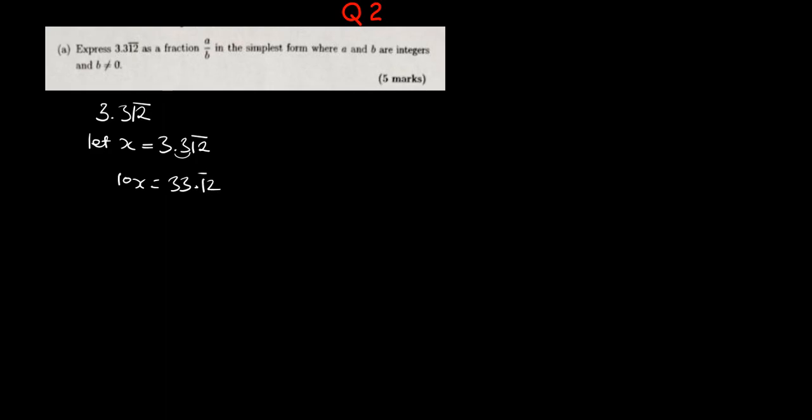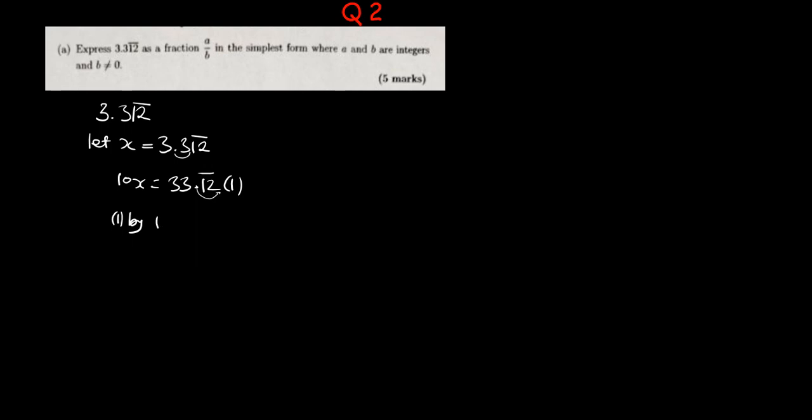Equation 1 should have all the non-repeating digits on the left side. Then equation 2 should also have the repeating part come to the left side. You multiply by what? 100. So we multiply equation 1 by 100 so that the point moves.